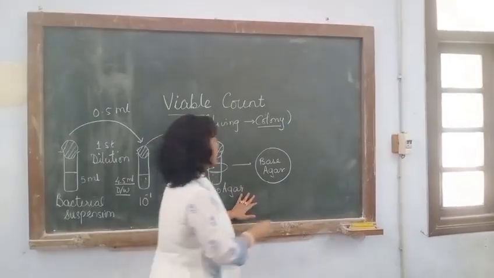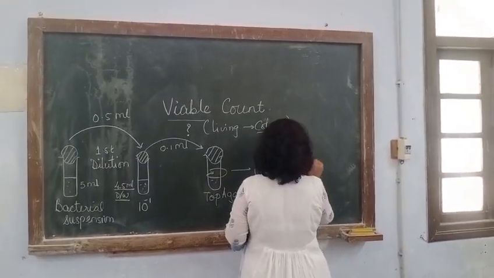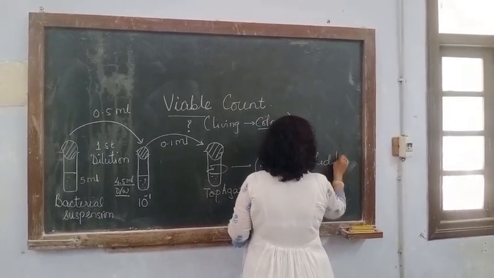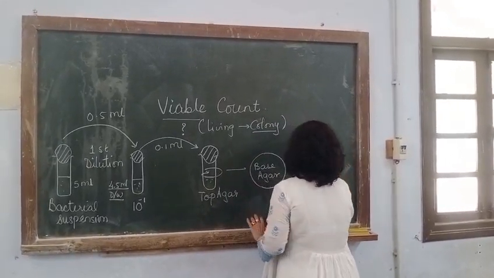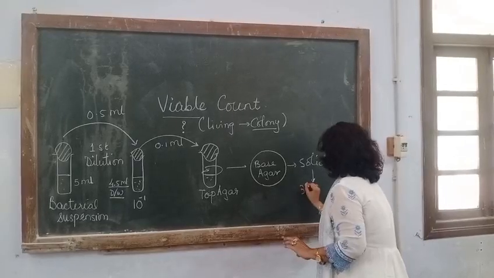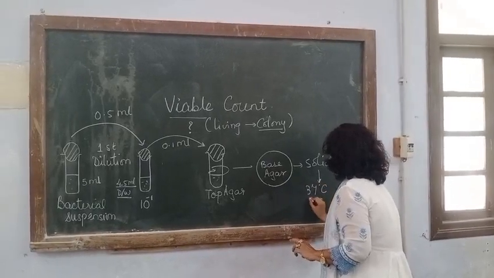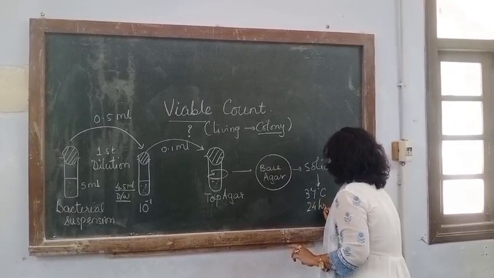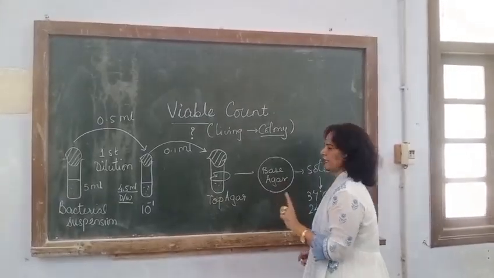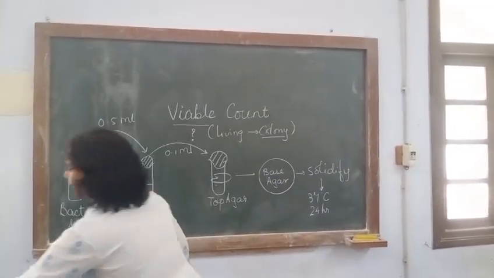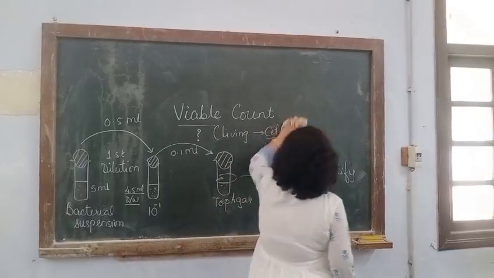We will allow it to solidify properly, and then we will keep it at 37 degrees centigrade temperature for 24 hours. And on the next day, we are definitely going to get very well defined colonies which are separated.